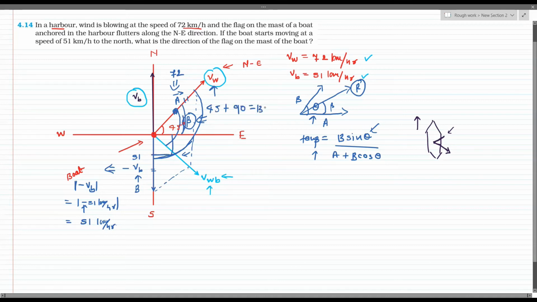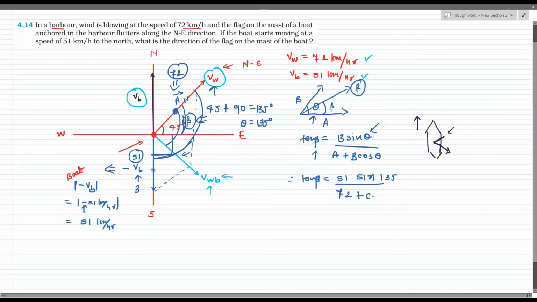So the angle between the vectors is 135 degrees. Okay, so we have theta equals 135 degrees. Now put the values. So tan beta equals B sine 135 upon A plus B cos 135. What is B? B is this 51.